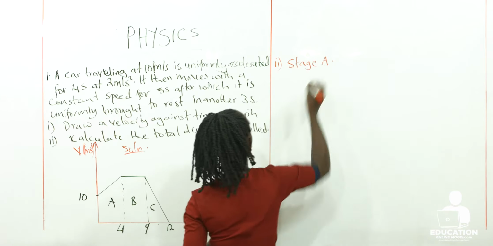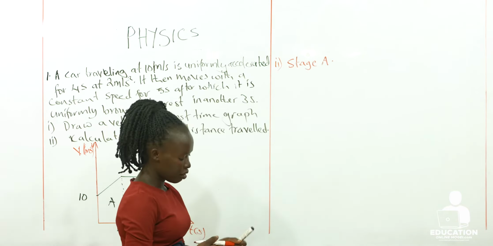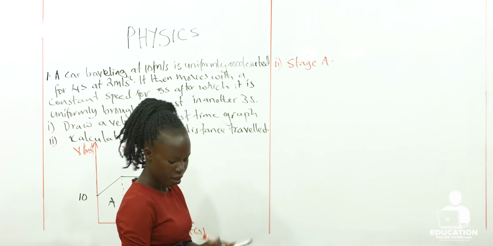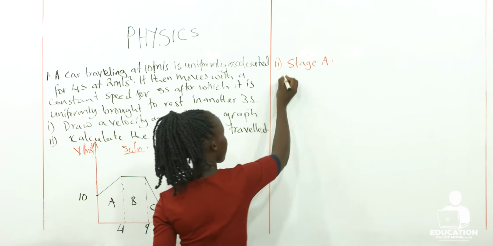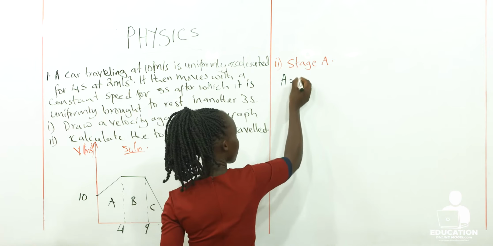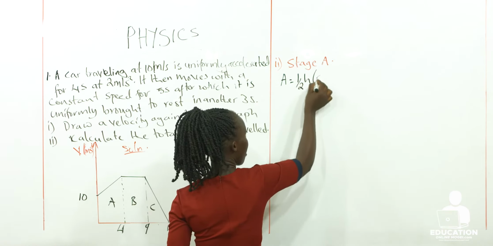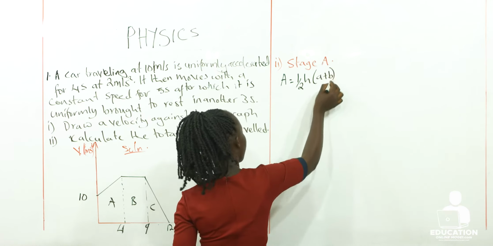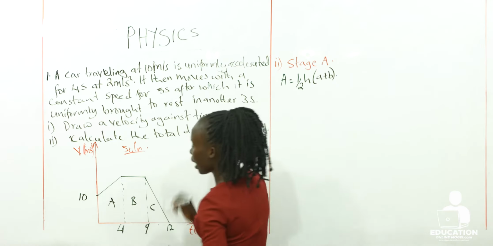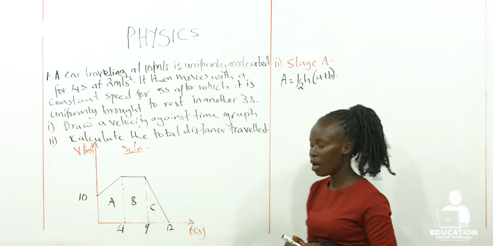For stage A, if it is a trapezium, the area is found from this. Area is equal to a half height, times A plus B. Where is this A and where is this B?